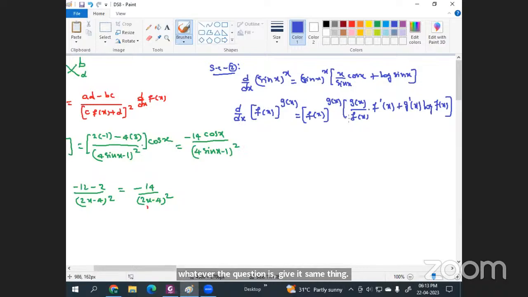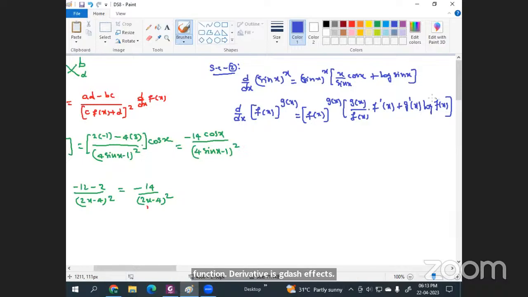Start the bracket, then write the reverse one: g of x by f of x, into the derivative of f of x, which is f dash of x, plus first function derivative is f dash of x, second function derivative is g dash of x.